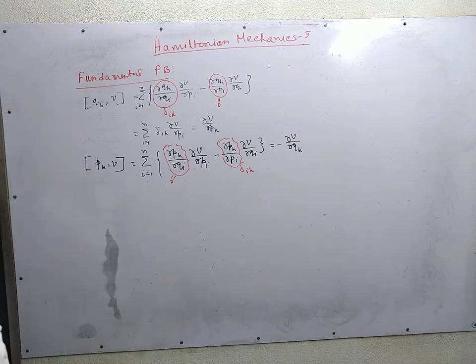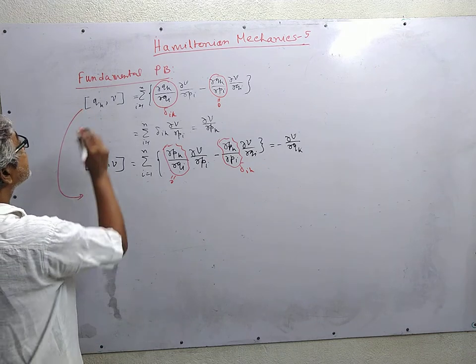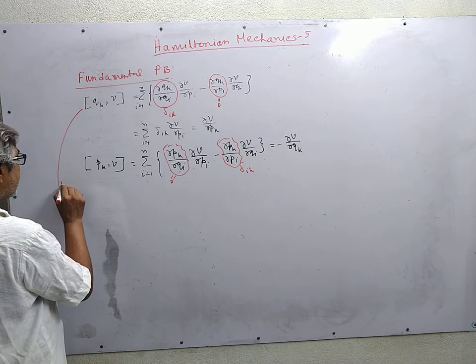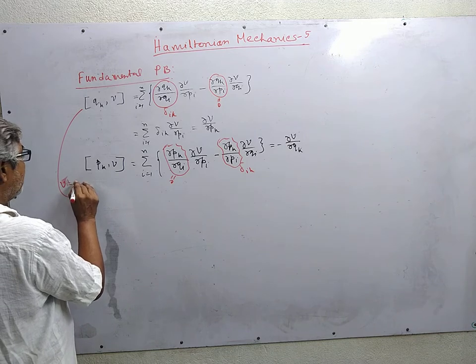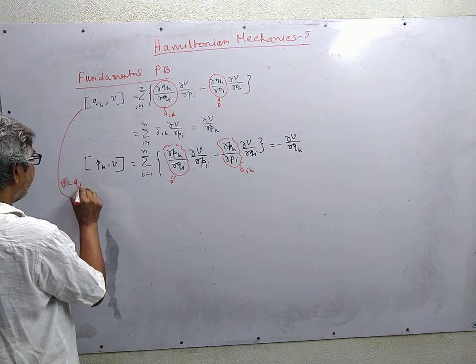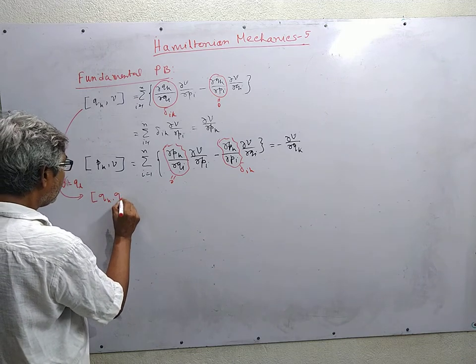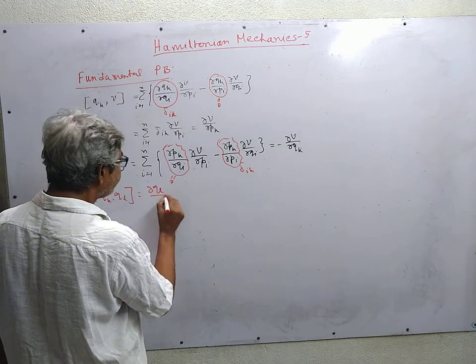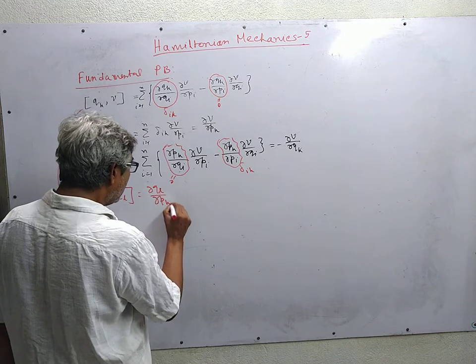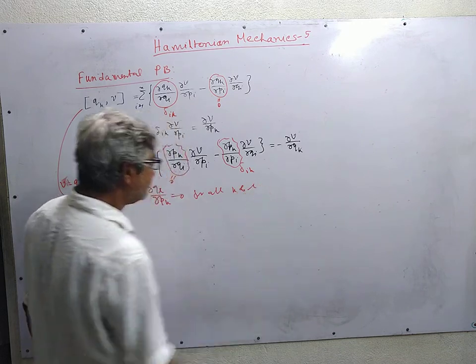If we further write in this expression, we consider this with v equal to ql. Then we have [qk, ql] equal to ∂ql/∂pk, which is 0 for all k and l.